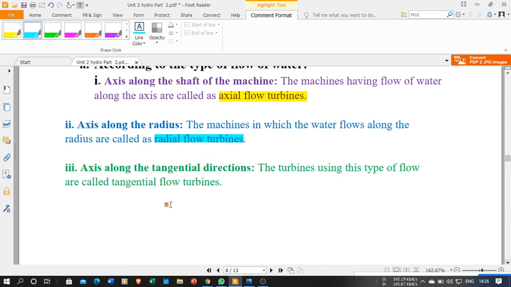And in the third case, axis along the tangential direction. In that case, the turbines are called tangential flow turbines. My direction of flow of water is tangential to the turbine, then it is called a tangential flow turbine. Mostly we are going to use these two, axial flow turbine and radial flow turbine.